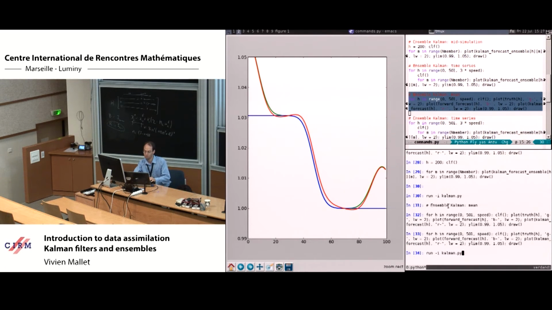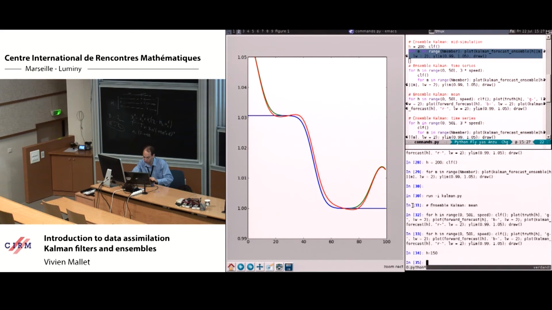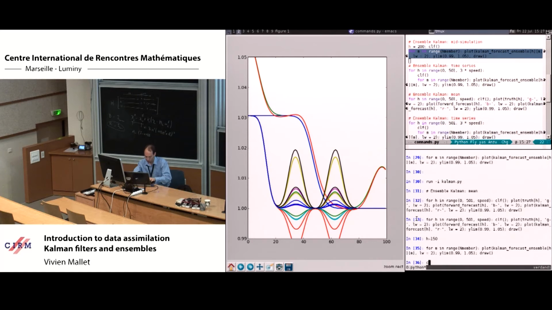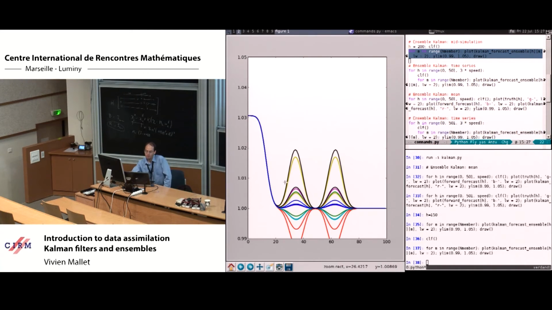Why? Because we have correlations between the errors at the two locations, at the two waves. If you remember the shape of the ensemble, you have the two waves somehow, and the members are in the same order, so there is high correlation.